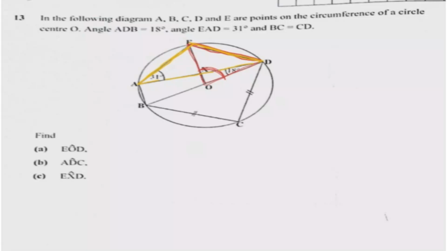We know the angle EAD, which is 31 degrees. So to find the value of angle EOD, angle EOD is equal to 2 times angle EAD.